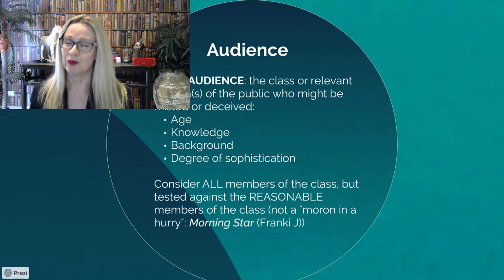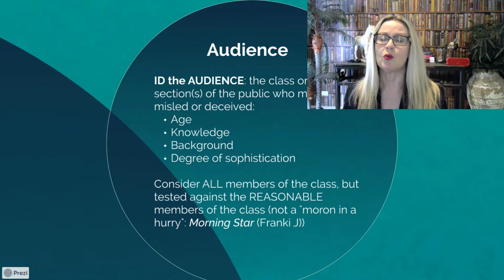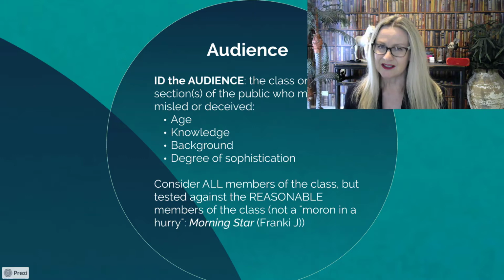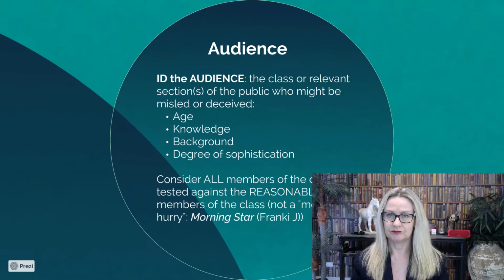So not the moron in a hurry. The court will look at what the reasonable member of that identified section of the public would think of, okay? How the representation would have been interpreted and received. So that's your audience.